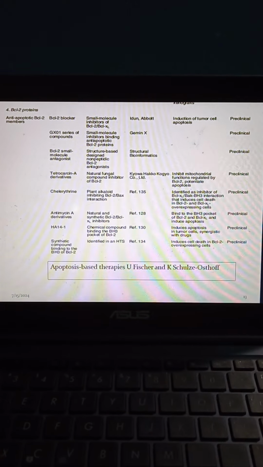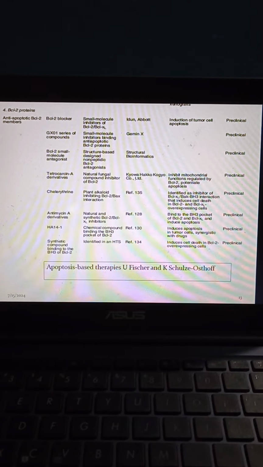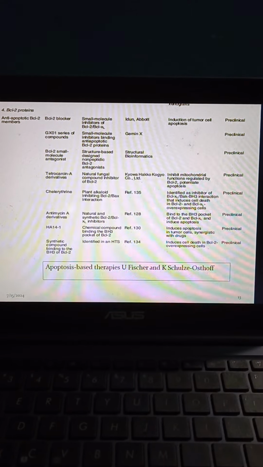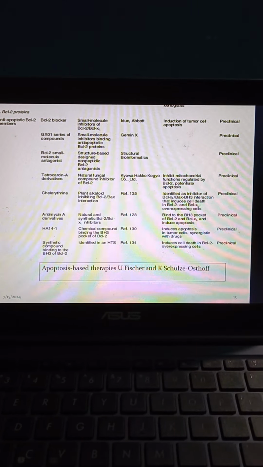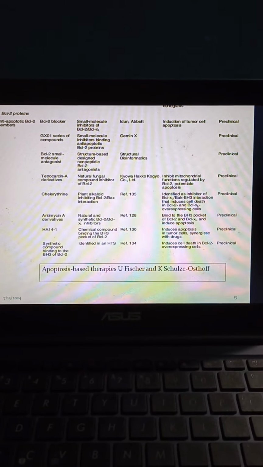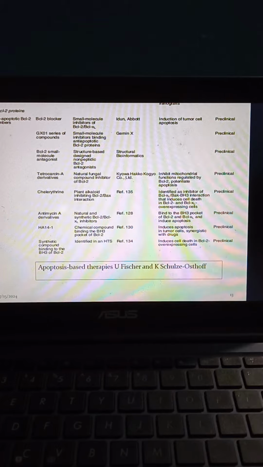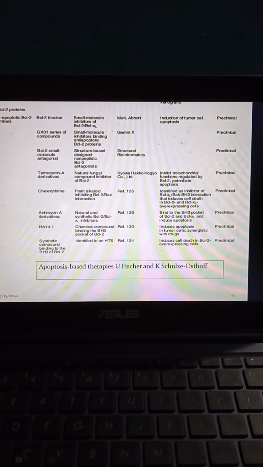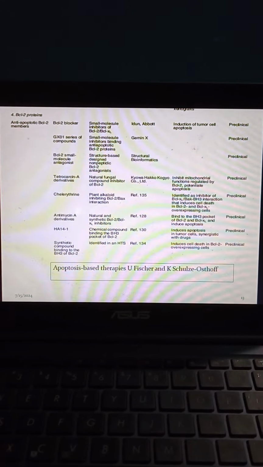Then BCL2 proteins, anti-apoptotic BCL2 members, BCL2 blockers are in preclinical studies. Then lots of others are also in preclinical studies. So you can go through the same reference to learn more about these things.